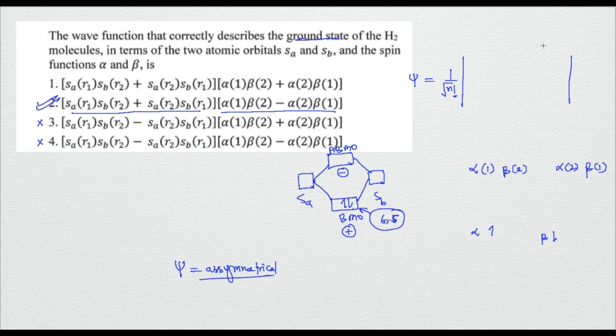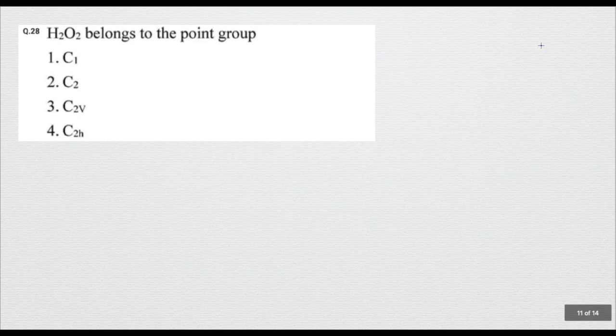You can click that and watch the complete solution of all the questions which can be asked based upon Slater's determinant, and how a Slater's determinant is solved. Based upon that, you can solve it over here, right? But this is the easiest way to approach this particular question. It was a 2-marker question. It didn't need that much time to be invested. You just have to solve it based upon the knowledge which you have. All right, let's go to the next question then.